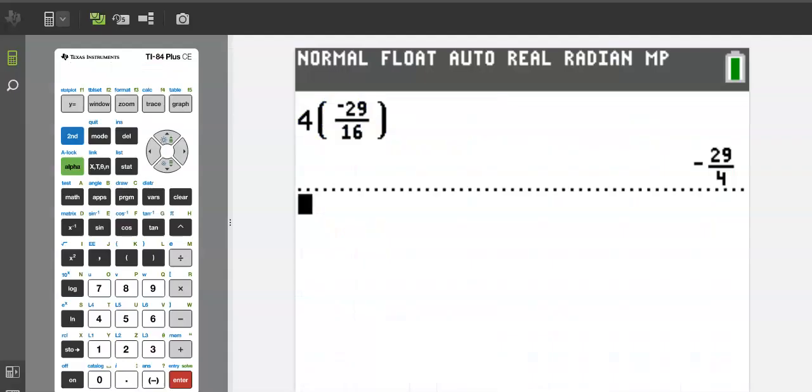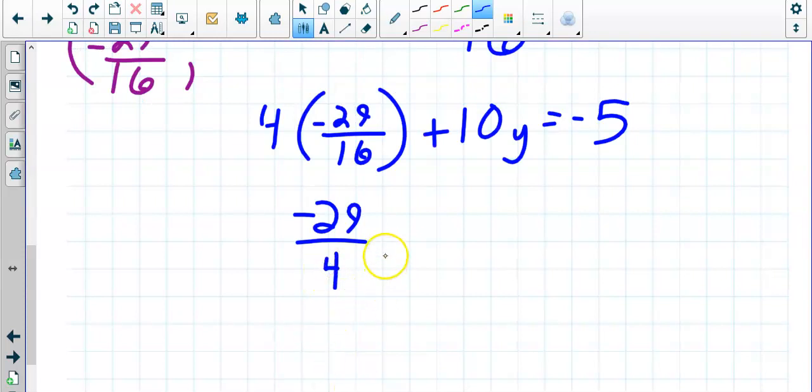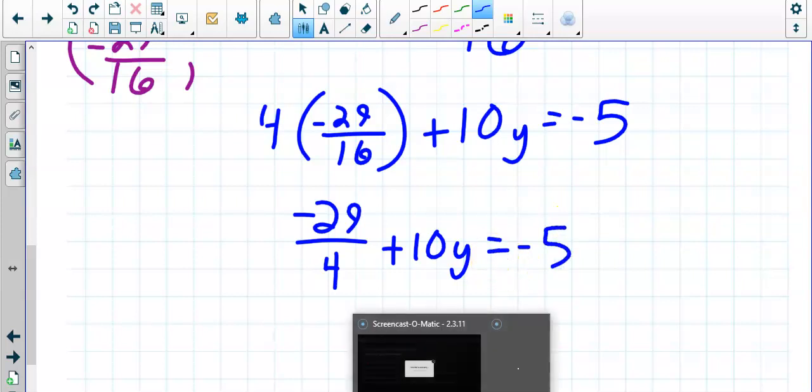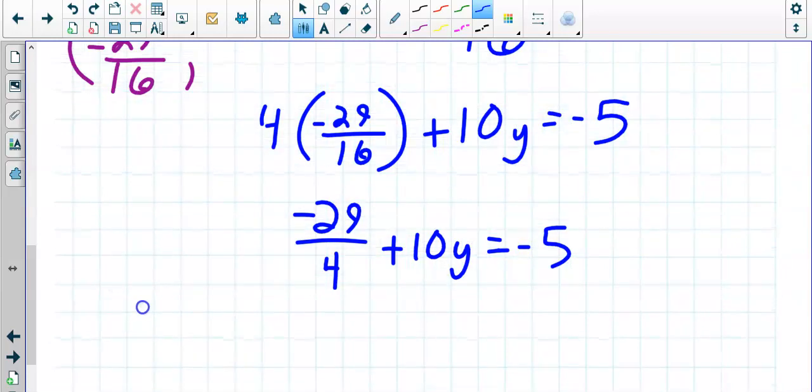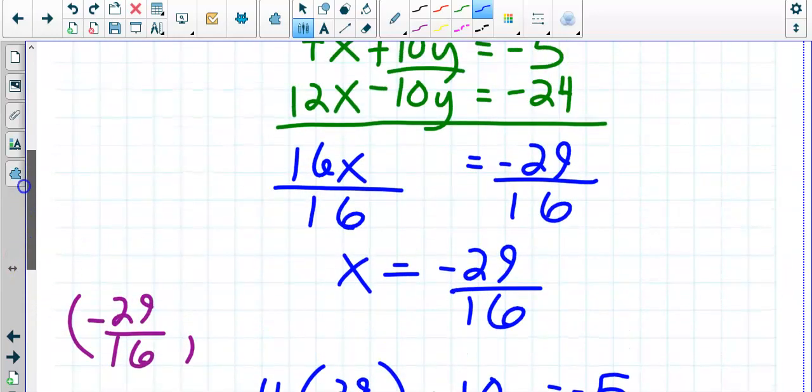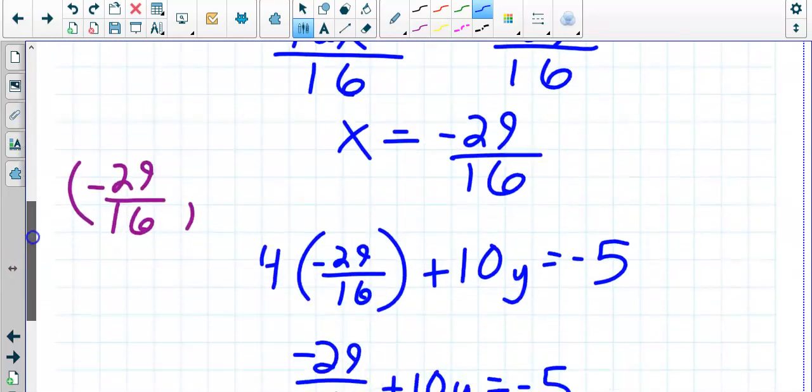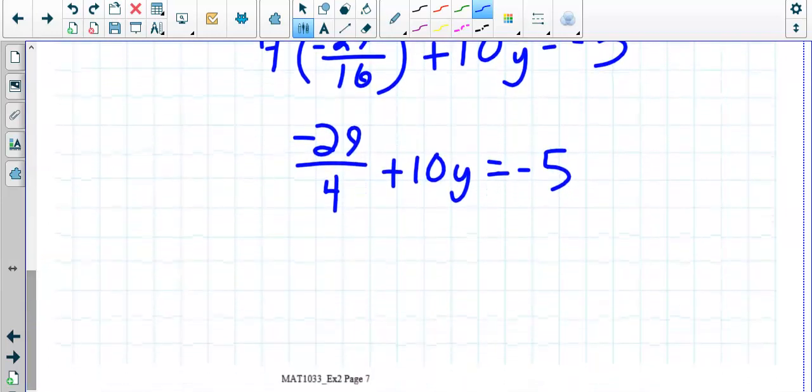Nope, 4. Ooh, almost had the wrong number. Plus 10y equal to negative 5. Now what are we going to do? How do we get y by itself?